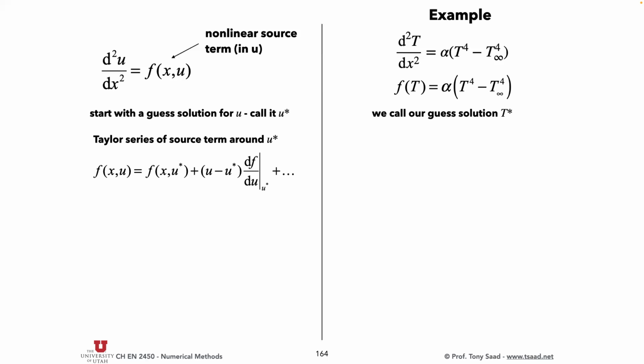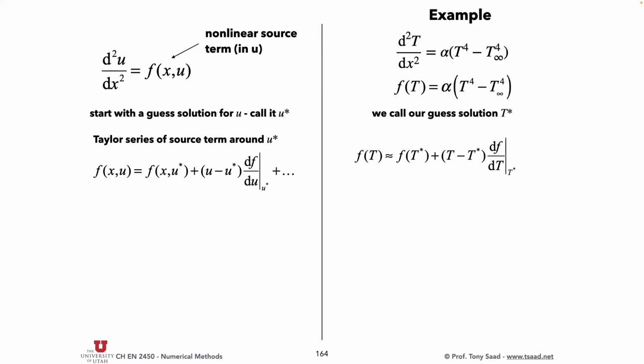For Newton's method, I'm going to truncate here, so I put three dots over there. For our problem, this is simply f of t equals f of t star plus t minus t star times df by dt evaluated at t star. Be careful here. You have to evaluate the derivative with respect to u or t at u star or t star.